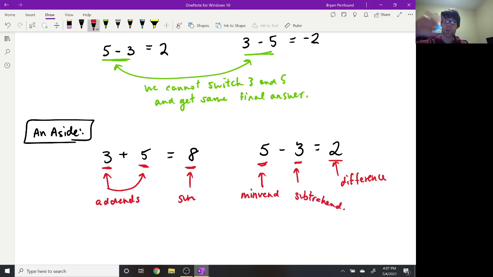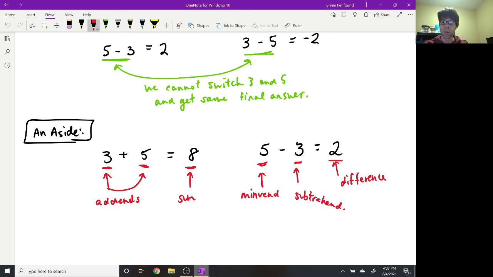And the reason the two numbers of a subtraction statement have different names is because the order that they come in actually is kind of important. Maybe you've heard those, maybe you haven't heard them in a long time. But in case you're reading about subtraction statements and you're wondering what a minuend is, it's the number that comes first inside of a subtraction sentence.